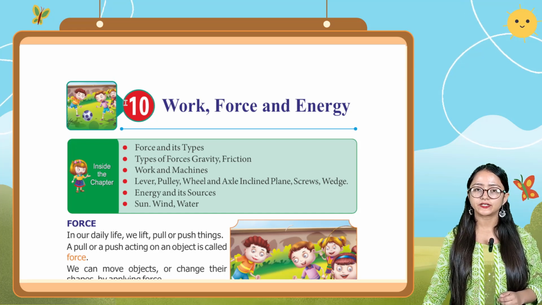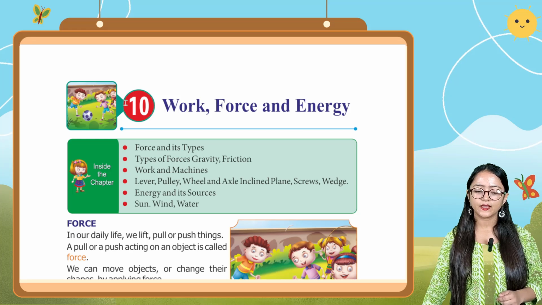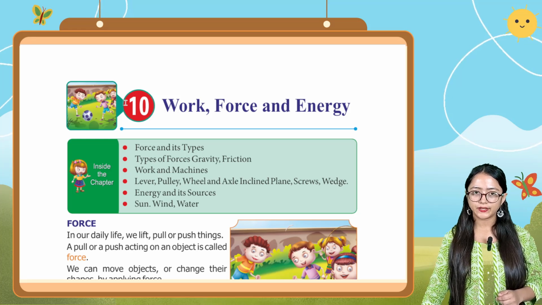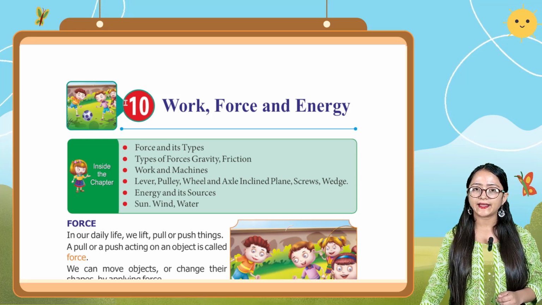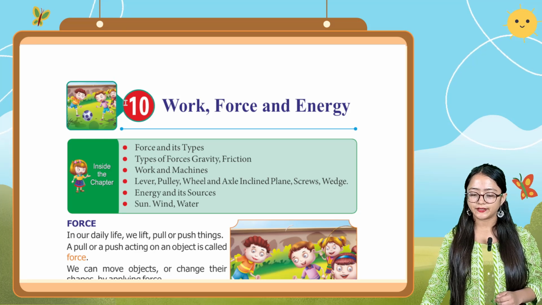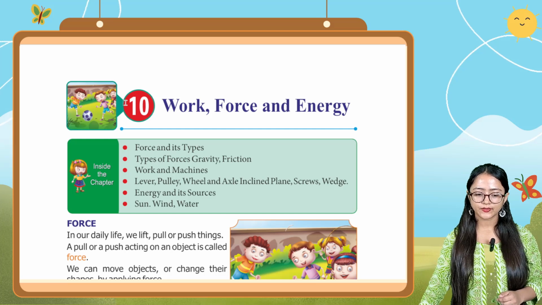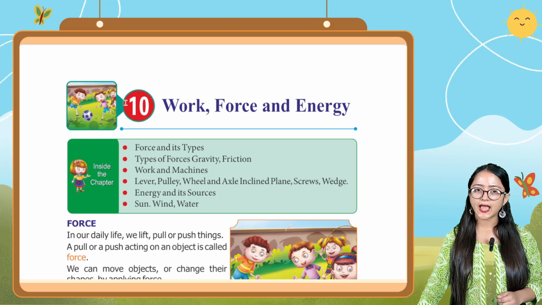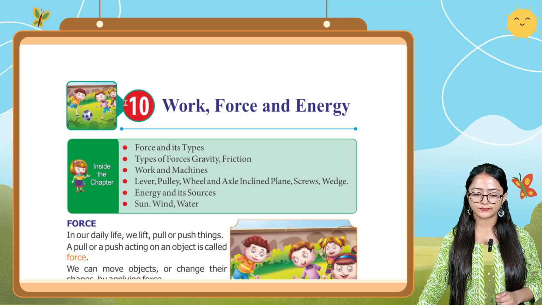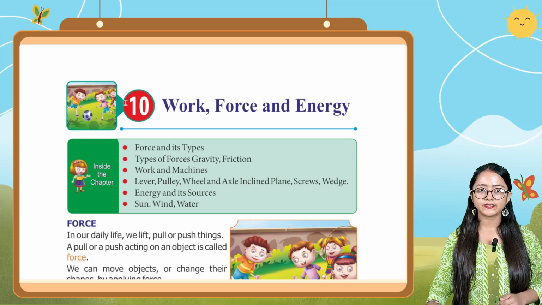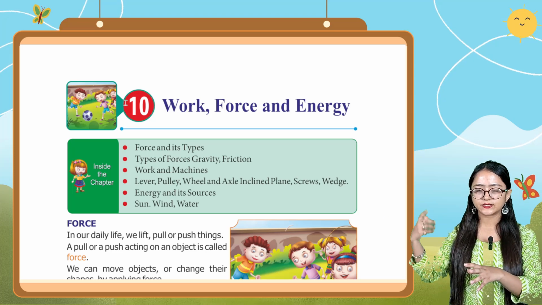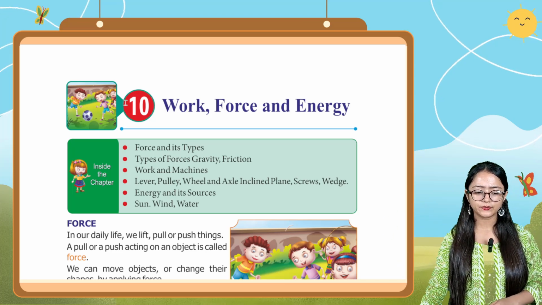Third point, work and machines: lever, pulley, wheel and axle, inclined plane, screws, wedge. Fifth point, energy and its sources. And the sixth point, sun, wind, water. So step by step, we are going through this chapter. The first one, force.